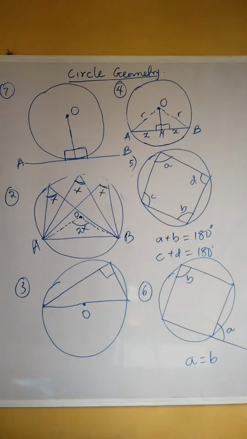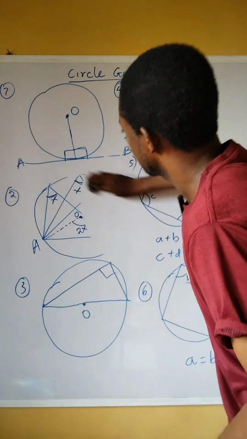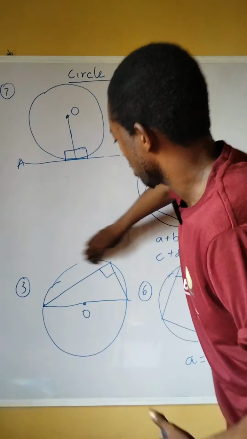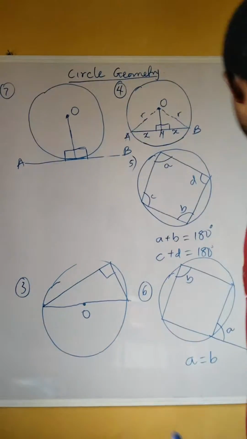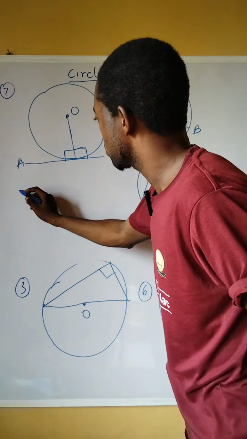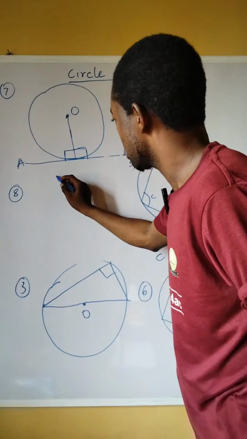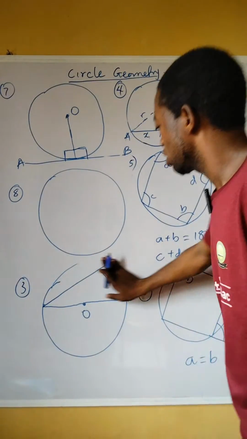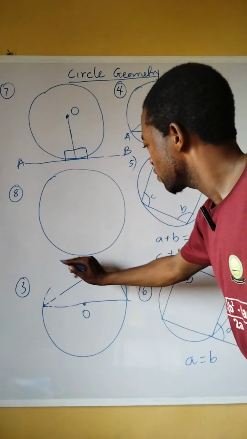All right. Now let's consider another theorem as well, and we call it theorem 8. It's also on the tangent theorem, which is also an interesting one. Let's look at it. We have this circle. Then from here, we have a tangent.